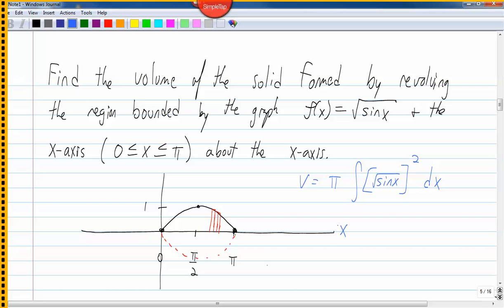We have a horizontal axis of revolution, so we want y equals x. This is the radius, depending on where we are. Now, what are our boundaries on the x? 0 to pi. That's right.